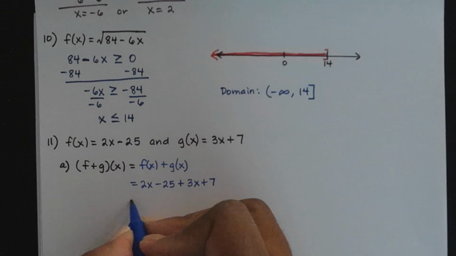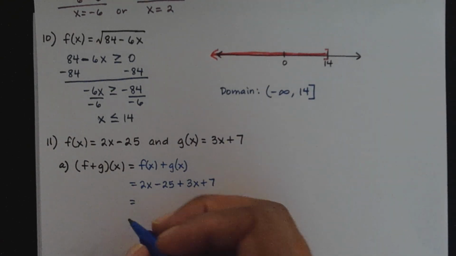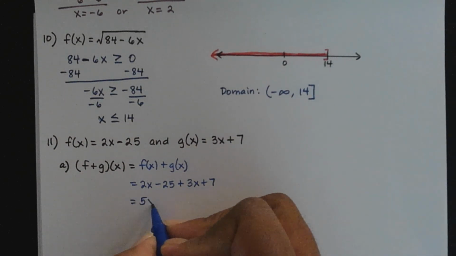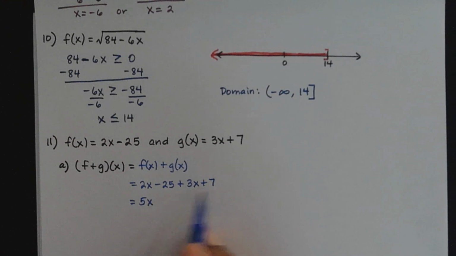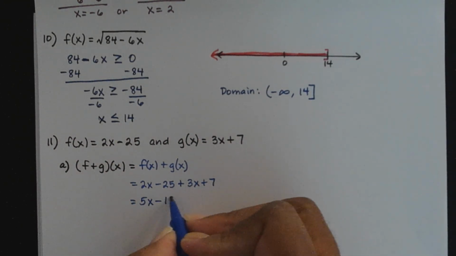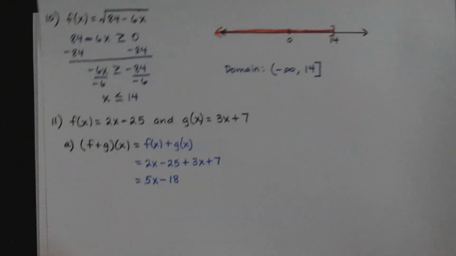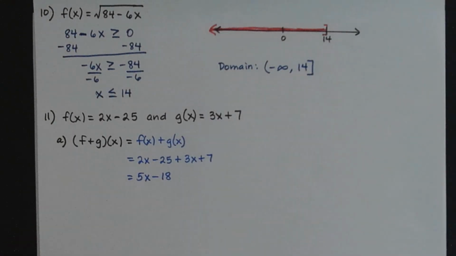So all we're doing there is just combining like terms. So if I do 2x plus 3x, that's going to give me 5x. And then minus 25 plus 7 would give me how much? Minus 18. And here we're done with that problem. So in this case here, the sum of the two functions would be 5x minus 18. Okay. Are there any questions about part A?